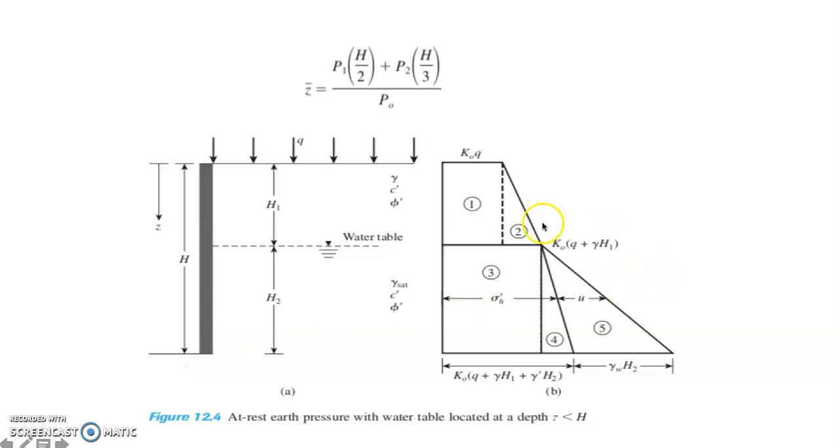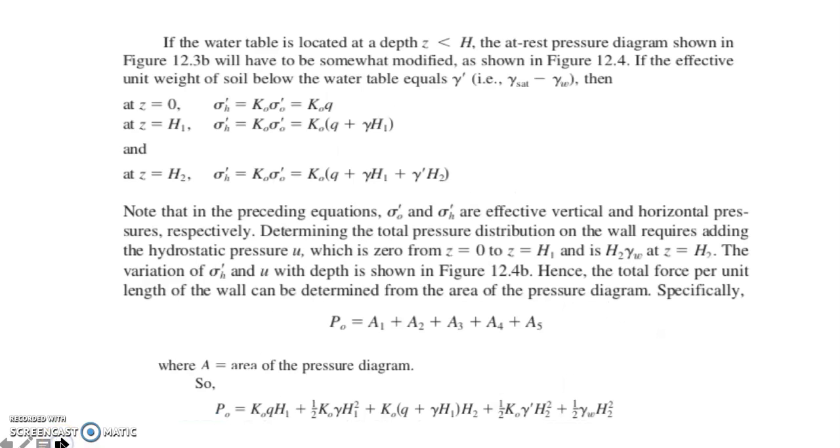Then using the concept of strength of materials to get the location of the resultant force, you have Z bar times the total force equal to the area of each multiplied by each distance from the centroid to the reference point. To simplify, you get now your Z bar, or the location of the resultant force. This is what I have been explaining a while ago.